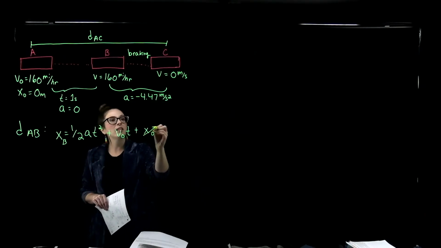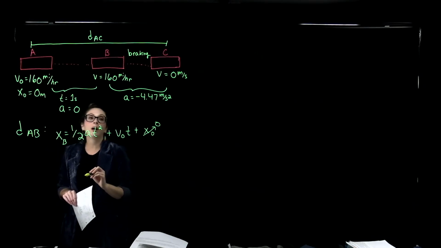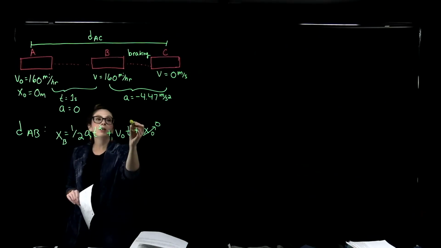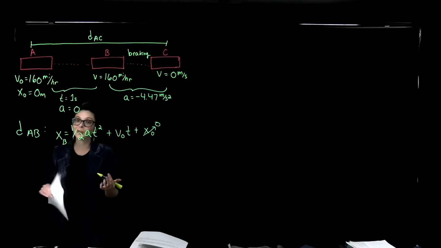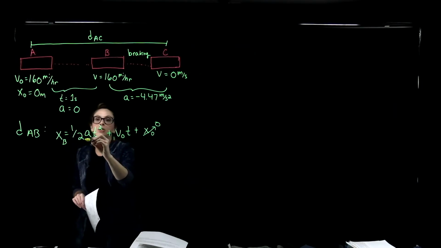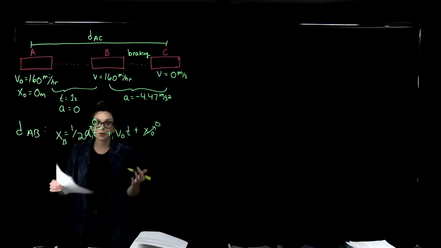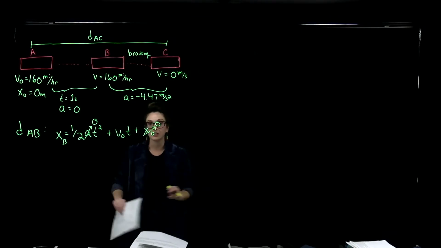Here x is our final position, or our distance over here at point B, so maybe I'll call that x sub b. So we already said that that initial position is going to be 0, okay? Our initial velocity, that's our 160 miles per hour. We know the time, 1 second. Our acceleration is 0 because we're traveling at constant speed during this time. So our acceleration here is 0, so that means this first term here is going to be 0, because when you multiply 0 by these other two terms, that's still 0.